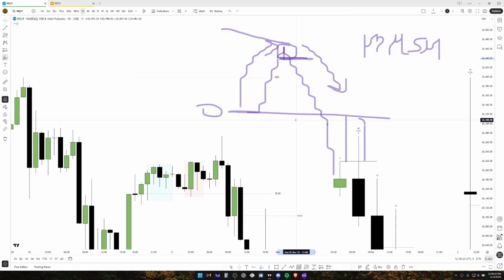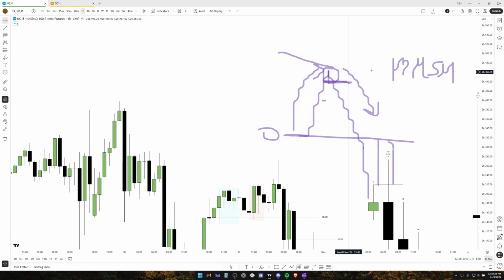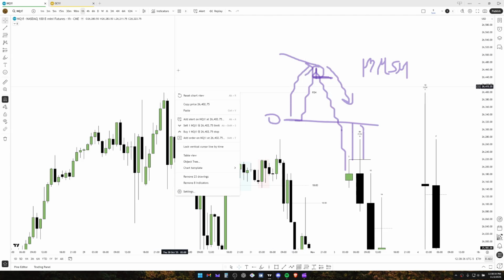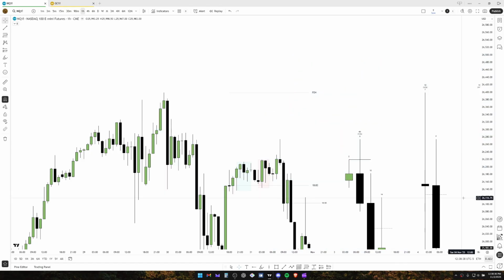And then you're tying that in with the higher time frame, well, not necessarily higher time frame, but with the SMT. Well, it could be a higher time frame SMT as well. Let's say, for example, on Friday, I'm going to delete these.